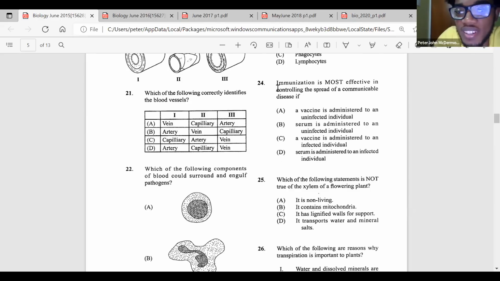Immunization is most effective in controlling the spread of a communicable disease if what? So let's check. Uninfected, serum administered; uninfected, vaccine; infected, serum; infected. What do we think?